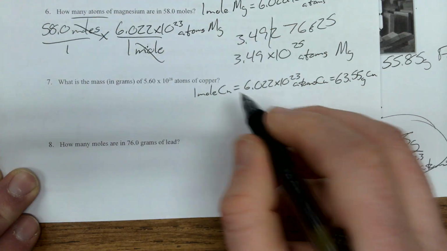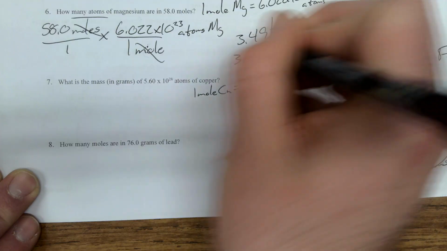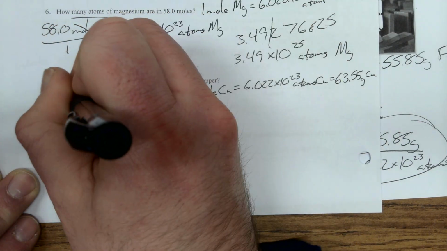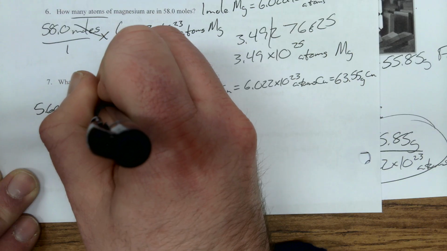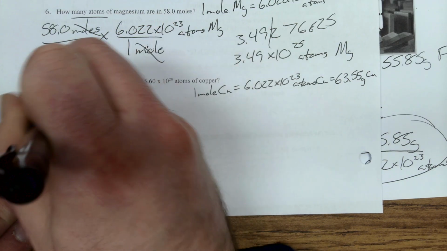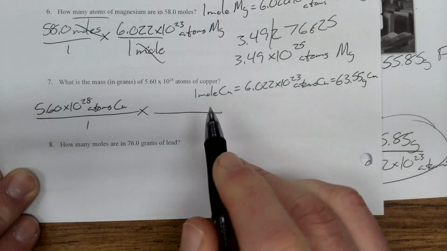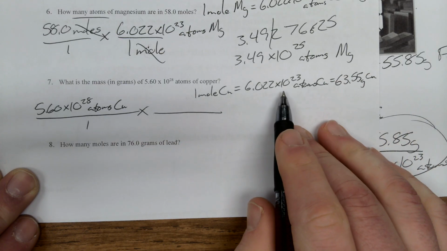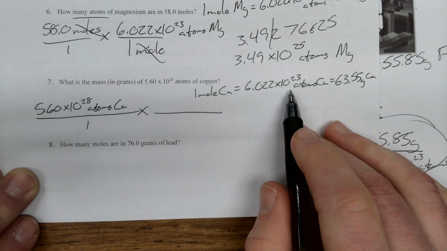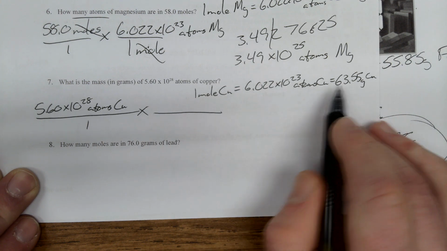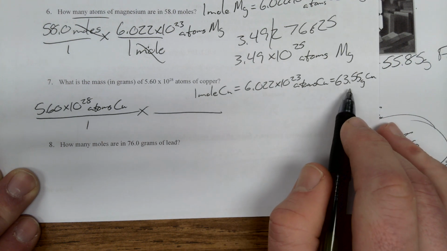So, part 1, I wrote my equalities. Part 2, I rewrite my question. My question is 5.60 times 10 to the 28 atoms Cu. Turn that into a fraction. So, I have atoms. Am I going for moles or grams? Grams.